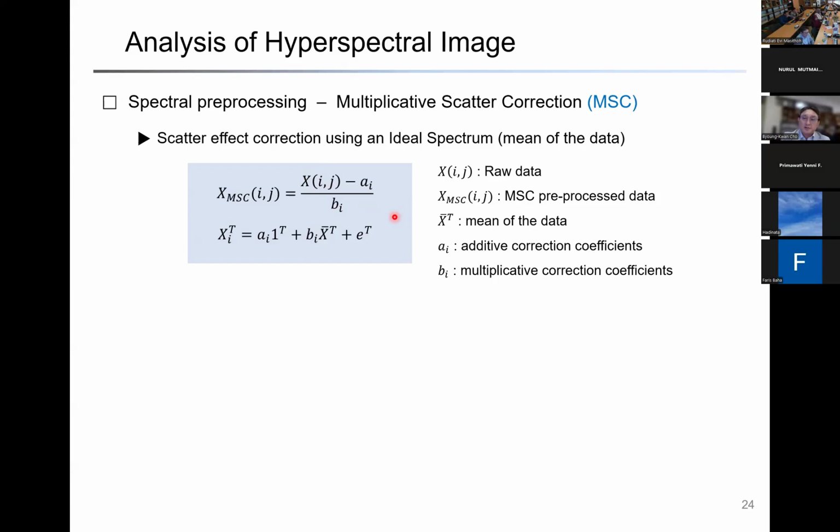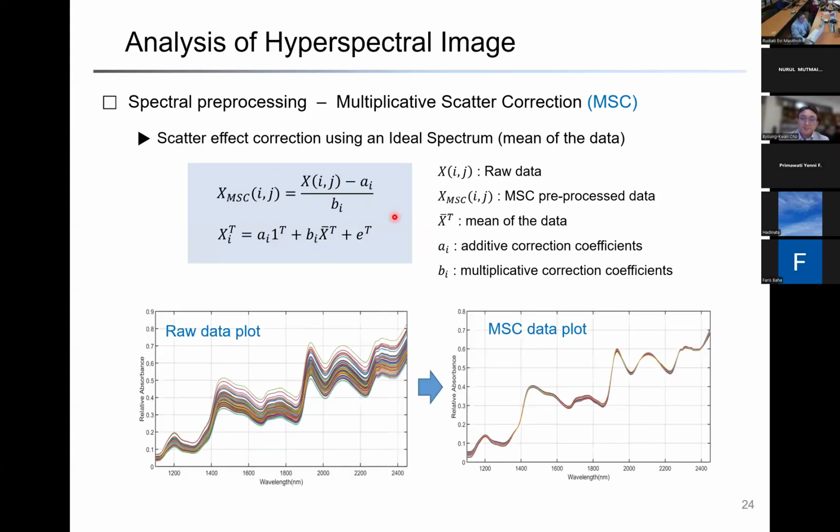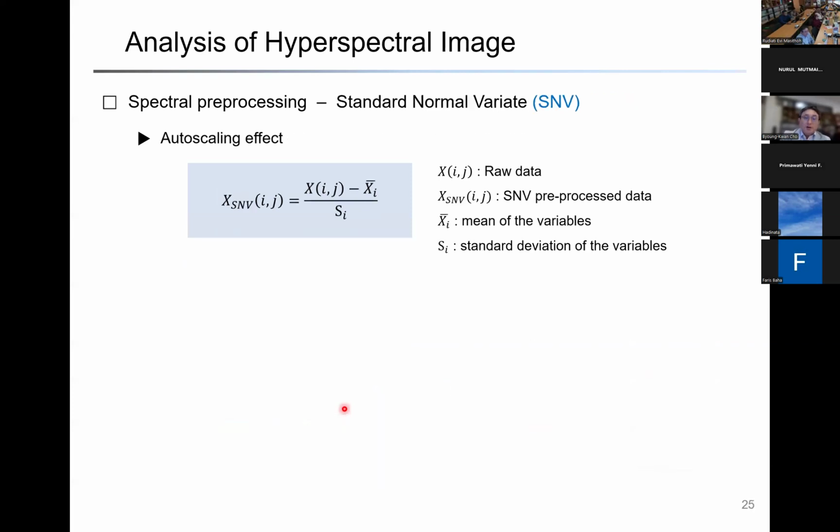Then we can have a reference-like spectrum. So it is a corrected spectrum. Okay, another preprocessing is the standard normal variate. It's similar, but the additive correction uses the mean of the variables and the multiplicative correction uses the standard deviation of the variables.